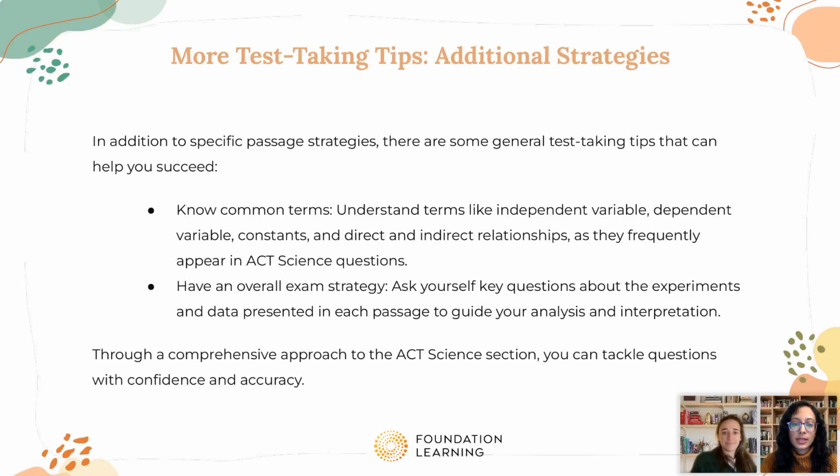The ones we just highlighted here were independent and dependent variables, constants, direct and indirect relationships. Definitely keep an eye out for these kinds of practice questions. And we also have resources on our website that you can download for free that go in depth on some of these terms.